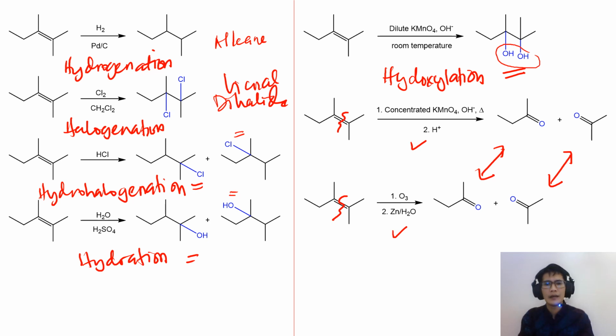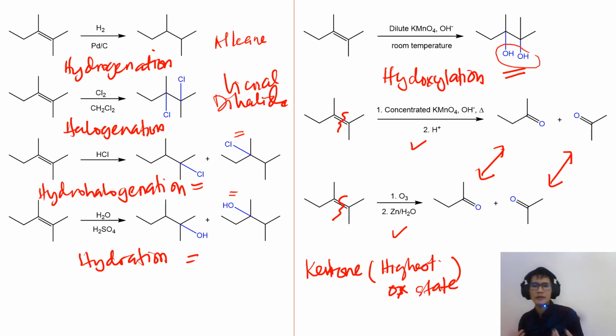Because the product is the ketone, and the ketone is the highest oxidation state. Therefore, the hot concentrated KMnO4 cannot undergo further oxidation towards the ketone product.